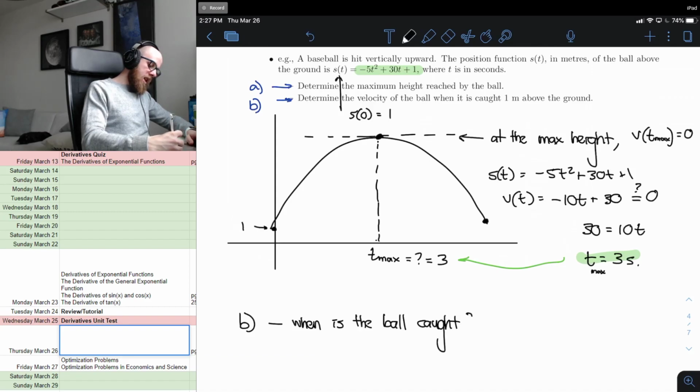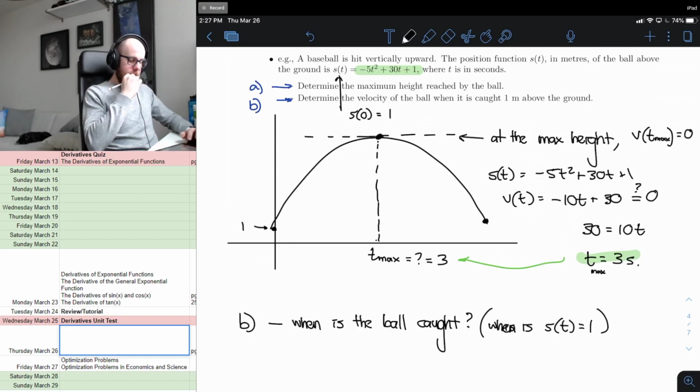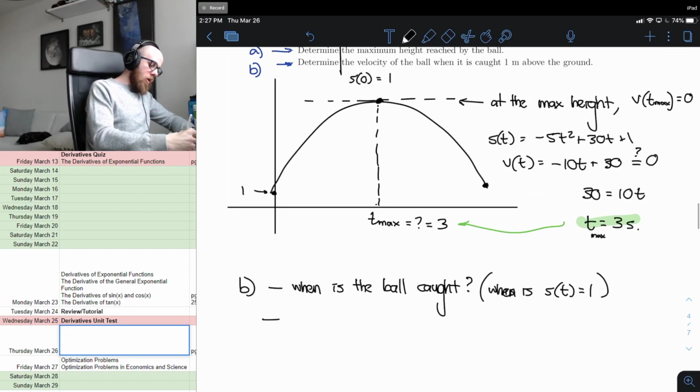Another way of saying that is, when is s at t equal to 1, because the ball is caught 1 meter off the ground. And then secondly, we want to know what the velocity is at this time.